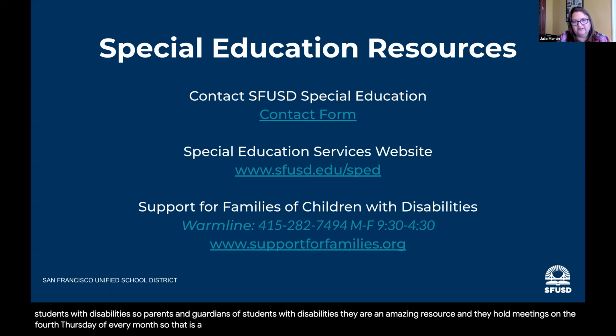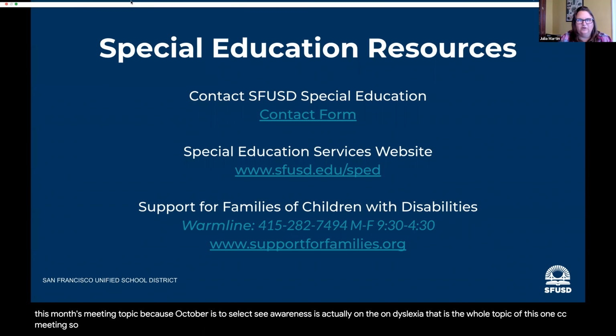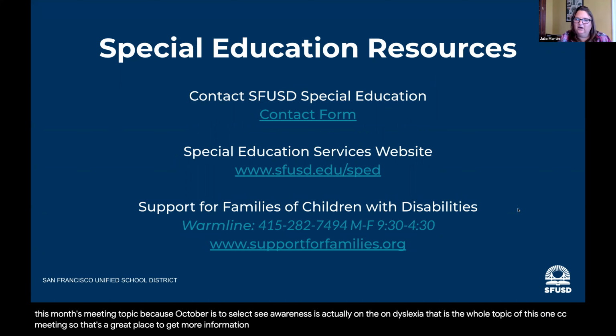So that is a great place to learn about special education programs. For the individual who's asking about dyslexia, this month's meeting topic, because October is dyslexia awareness, is actually on dyslexia. That is the whole topic of this month's CAC meeting. So that's a great place to get more information.